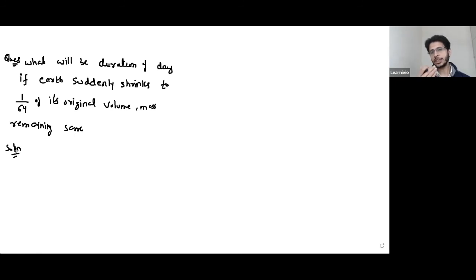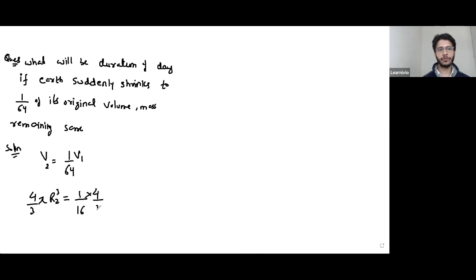So first of all, I need a relation between the initial volume and the final volume. The final volume of Earth, as per the question, is 1 by 64 of the initial volume. Earth is shrinking, so I'm writing the final volume as 2 and initial volume as 1. This will give you a relation between the initial radius and the final radius of the Earth. Volume is 4 by 3 pi R2 cube equals 1 by 64 into 4 by 3 pi R1 cube. 4 by 3 pi will cancel.